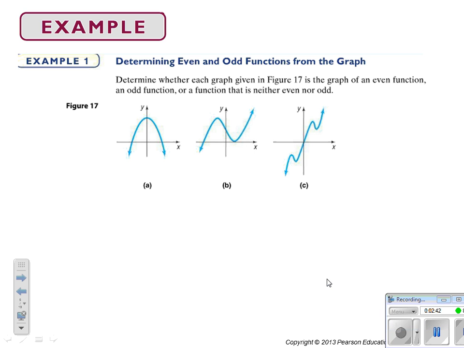And can you be both? Can you be both even and odd? Yeah, right now I can't think of a scenario. I will update you. What about like a circle?